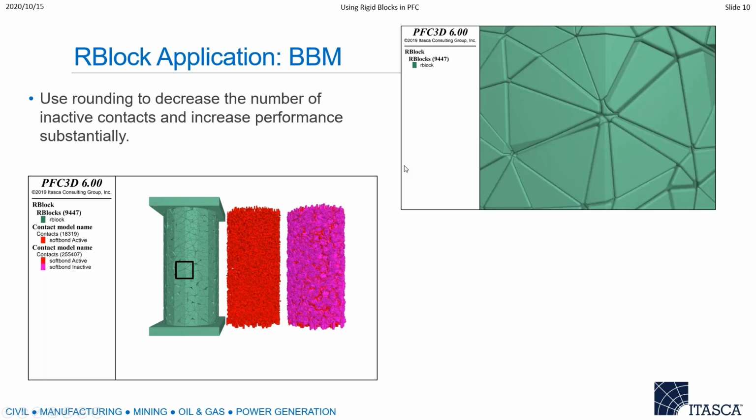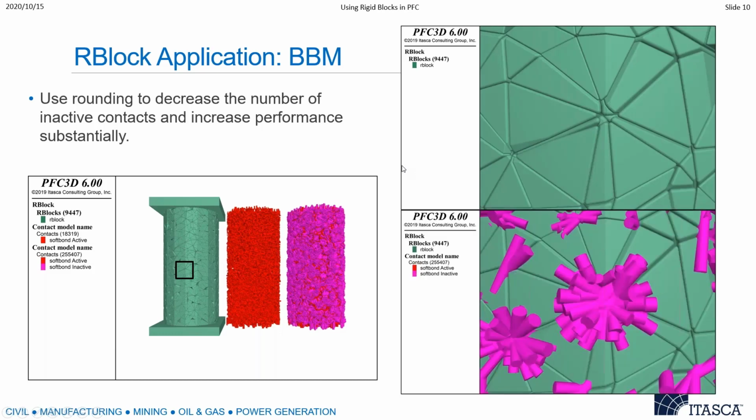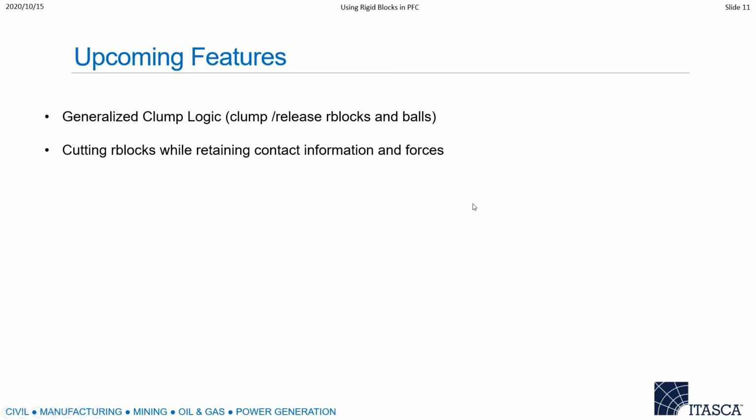Okay, so those are the main features of everything you can do with rigid blocks in PFC as of now. I also wanted to mention two upcoming features which will be in the next version of PFC. The first is the ability to create concave shapes by clumping convex rigid blocks.